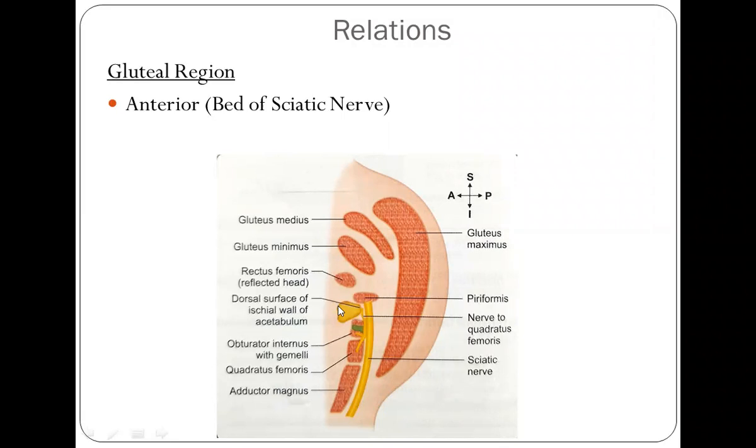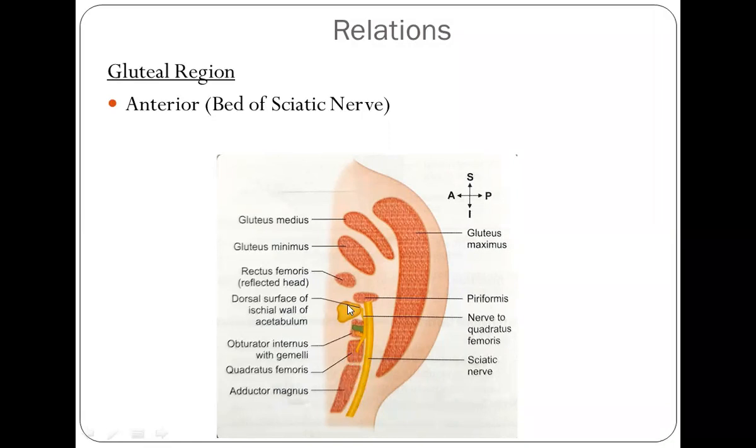It's very simple. From superior to inferior, the anterior relations are the ischial tuberosity and the dorsal surface of the ischium, the superior and inferior gemelli with the obturator internus tendon, then the quadratus femoris muscle and the origin of the hamstring part of adductor magnus.